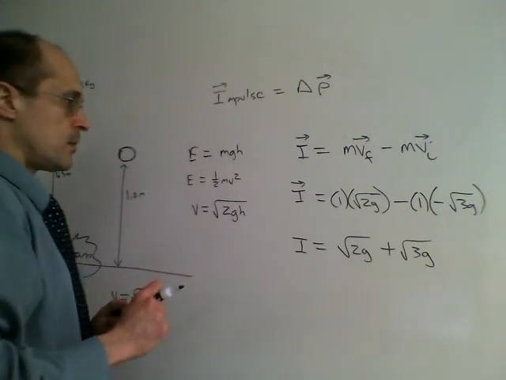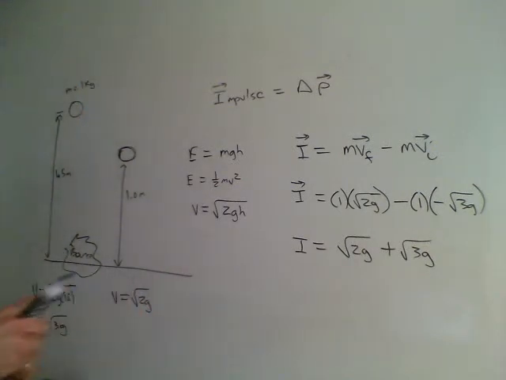So, what we can do is plug in our values for 2 times g and 3 times g and get a number.